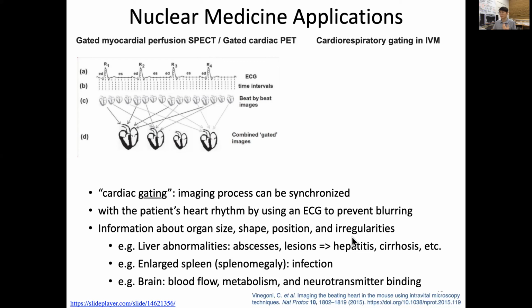So for example, liver abnormalities, abscesses or lesions, we can find hepatitis or cirrhosis. If there's an enlarged spleen, or splenomegaly, that indicates an infection. Or in the brain, we can measure blood flow or metabolism, and even neurotransmitter binding, which is functional imaging.